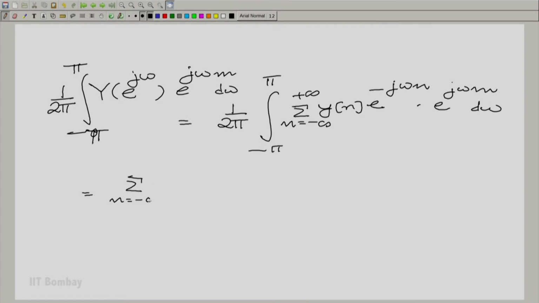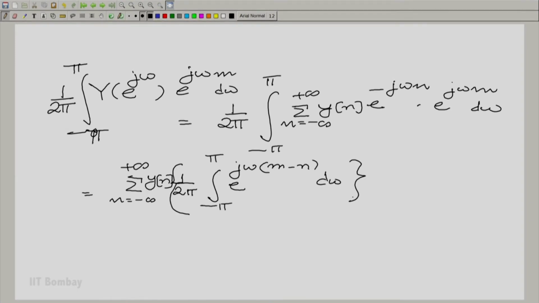Now, let us interchange the order. Let us take each n separately, and the integral is on omega. So, I can bring y n outside and put this in brackets. Now, we can easily evaluate this integral. This integral is equal to 2 pi for m equal to n and 0 else.